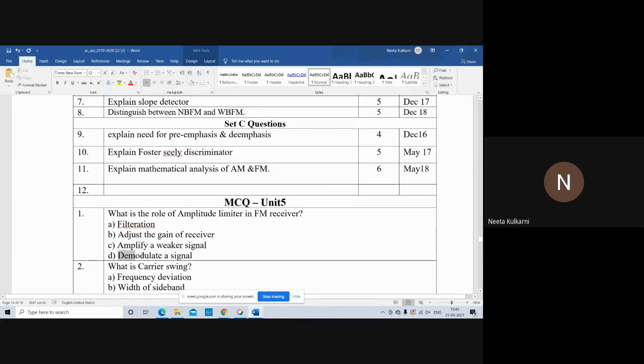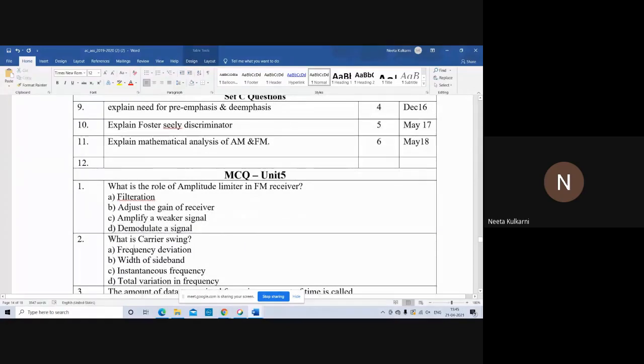This is somewhat a different question, so I will tell the answer. The function of the amplitude limiter is to demodulate the signal. That is the basic function of the amplitude limiter in the FM receiver. So option D is correct.